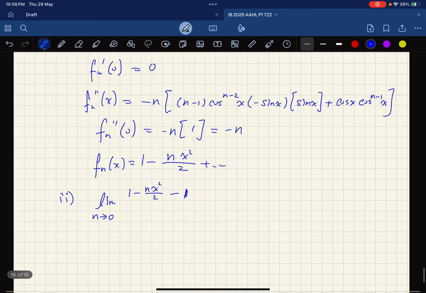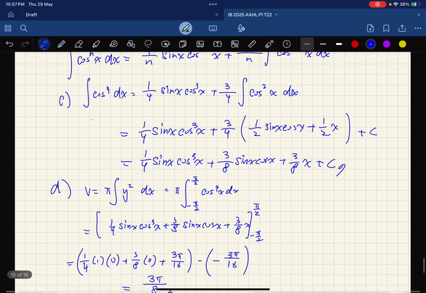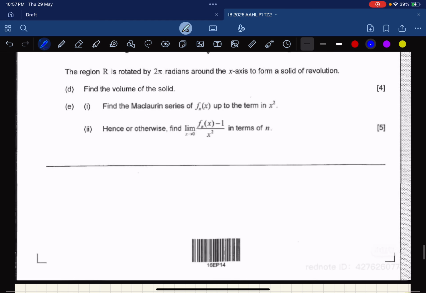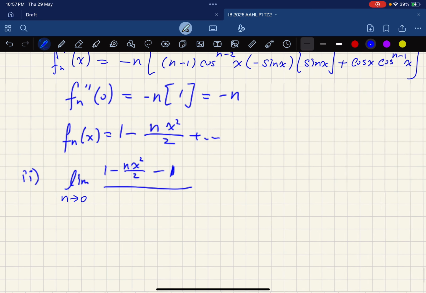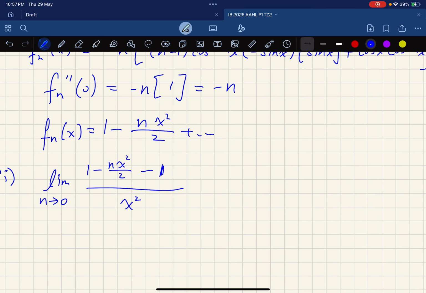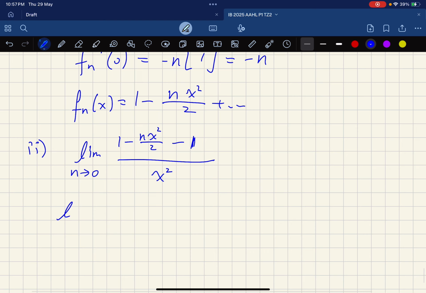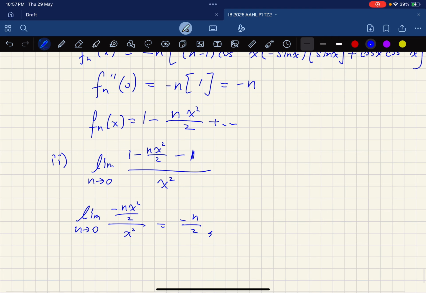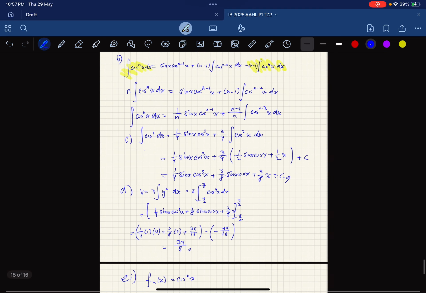So cancel 1 first. So we've got the limit as x tends to 0, and this becomes just minus n x squared over 2 over x squared. So minus n over 2. Okay, done already. So I think that's basically the whole problem.